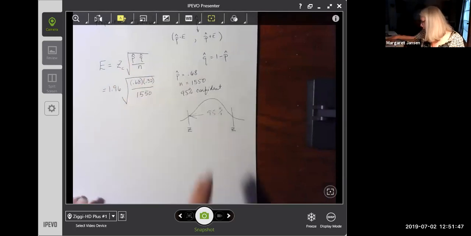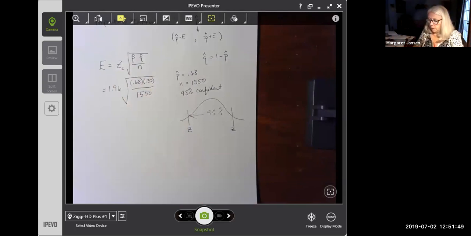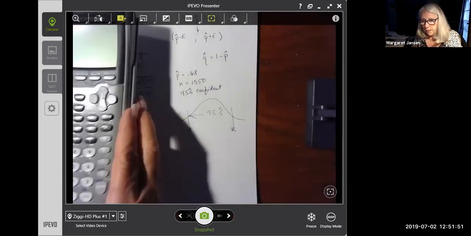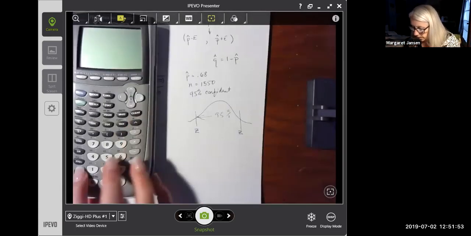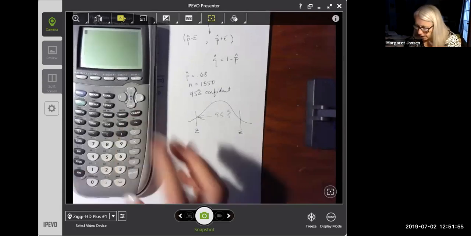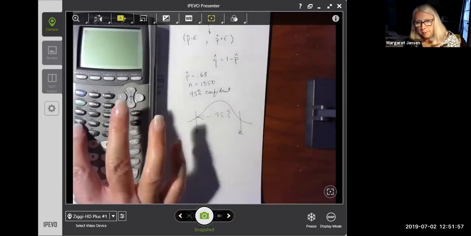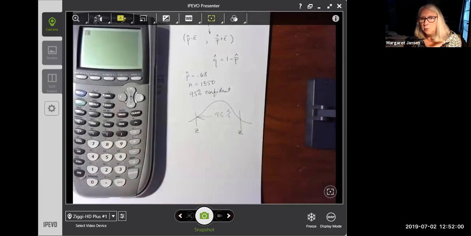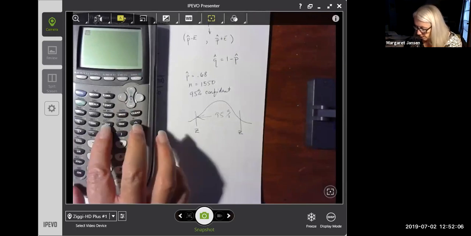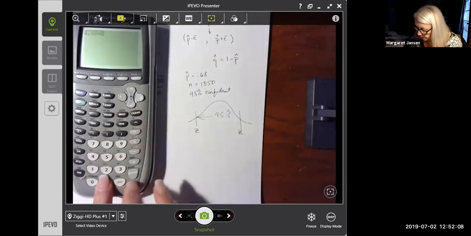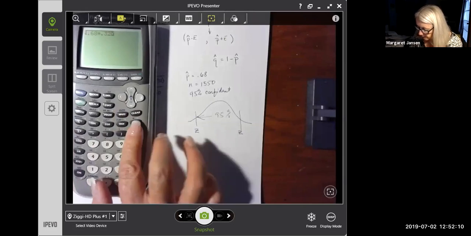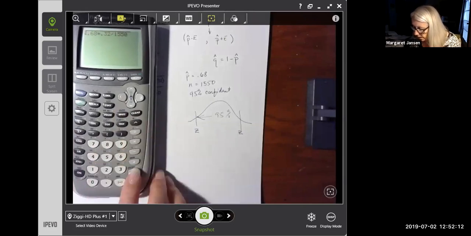You can do that on a calculator pretty easily. Just because for a lot of people it's confusing, I'll do the inside of the square root first. So I'm just going to say 0.68 times 0.32 divided by 1550, enter.